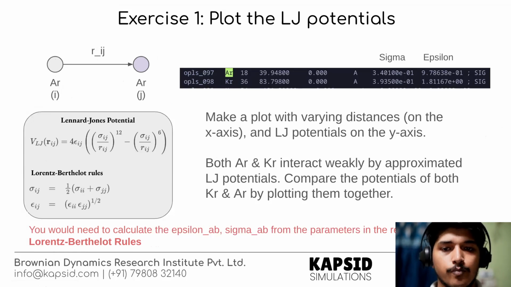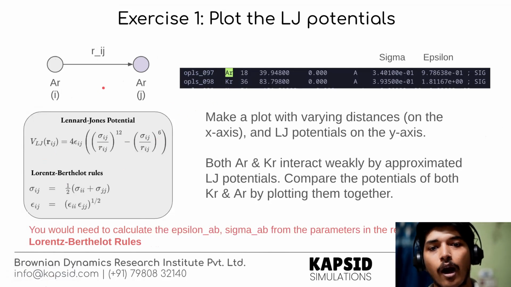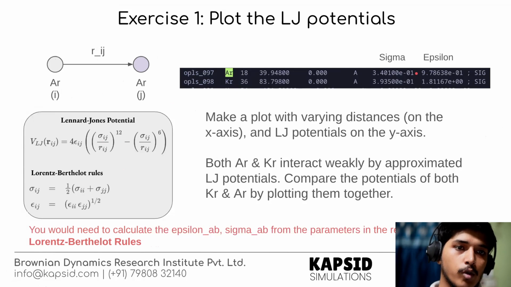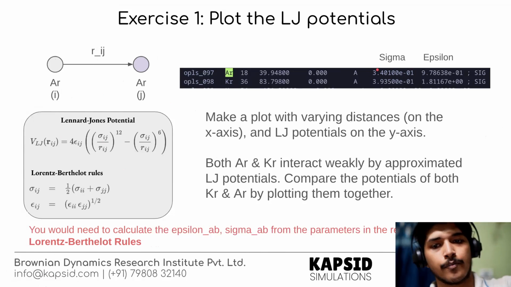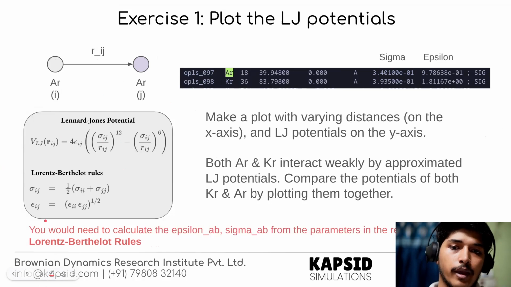So what do we have to do? Firstly, as we have learned in the last video how to calculate the Lennard-Jones potential, you will have two or three problems. The first one is the argon-argon case, which is just sigma ii, which you can find right here, sigma argon-argon. For two argon molecules, the sigma will be the same, and in the case of epsilon, it's again the same thing.